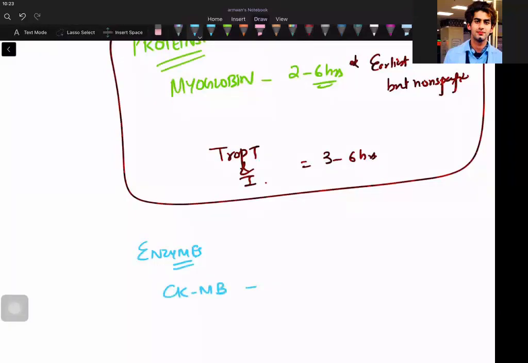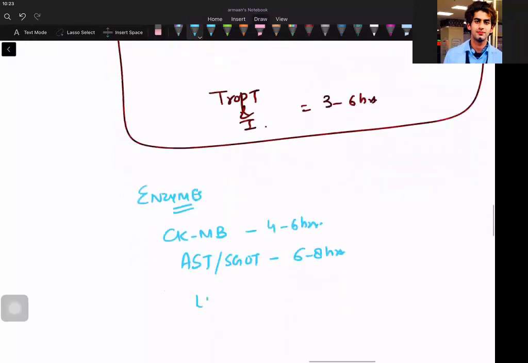CKMB remains raised for 4 to 6 hours. Then I have AST, aspartate transaminase, or you call it SGOT. It remains raised in the blood for 6 to 8 hours. And then I have LDH1, 8 to 10 hours. So these are the enzymes which get raised in MI, in the blood circulation.